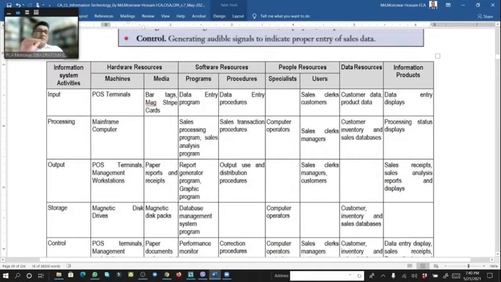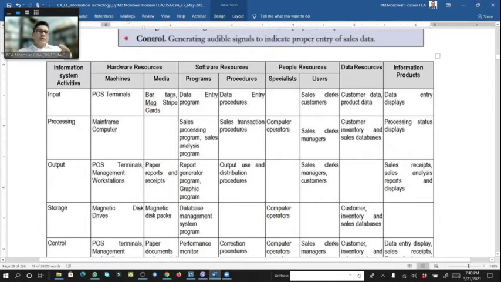Also, if we give the card, after completing it gives a paper, where everything is described, how much money is deducted from my credit card or debit card, etc. And then software resource, report generator program, graphical program also, procedure, output and distributing process. People resources using are sales clerks, manager or customer. And here information product is sales receipt, that means voucher, invoice, sales analysis report, etc.